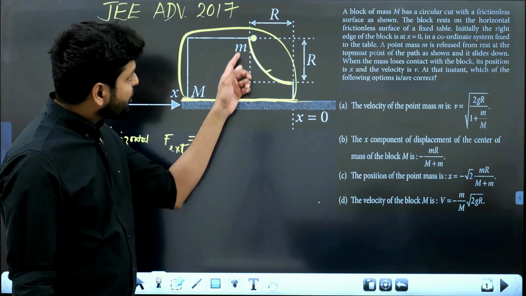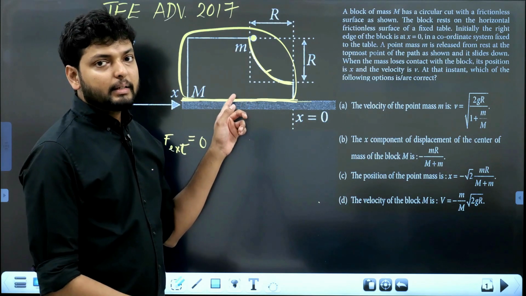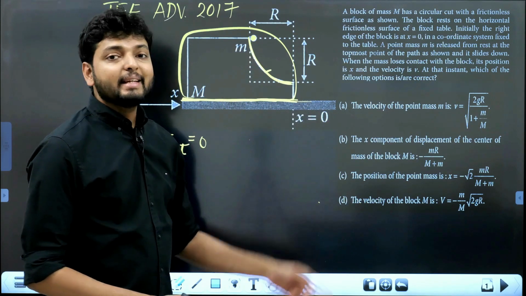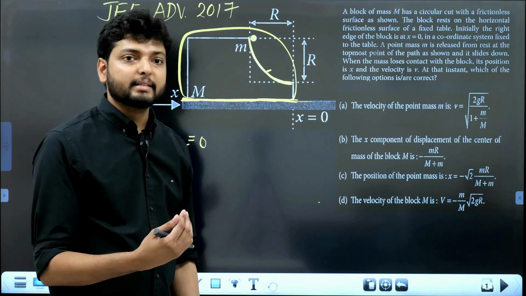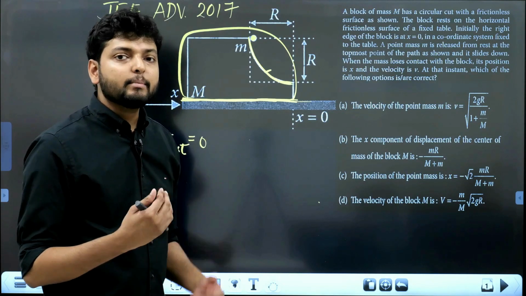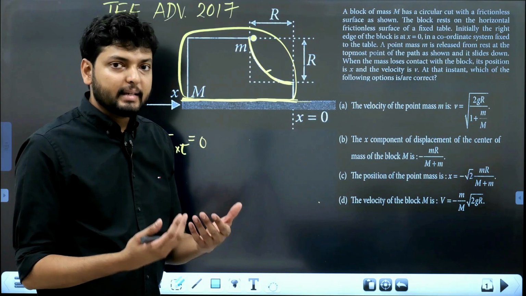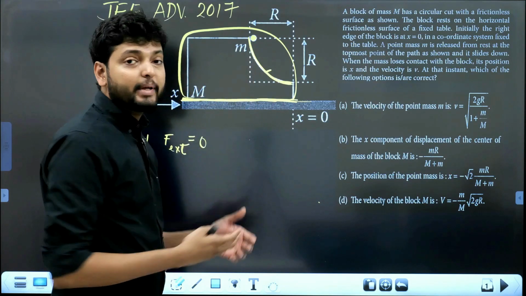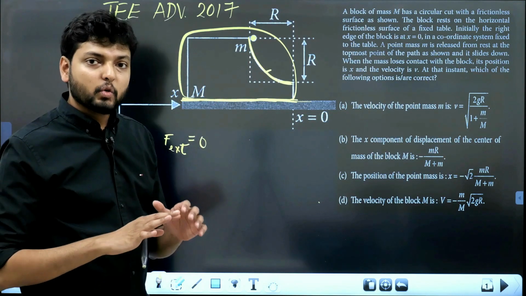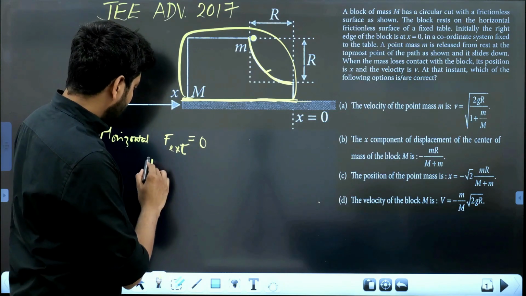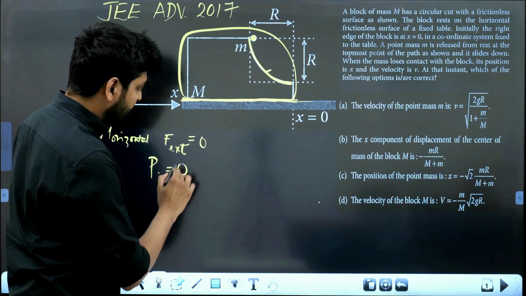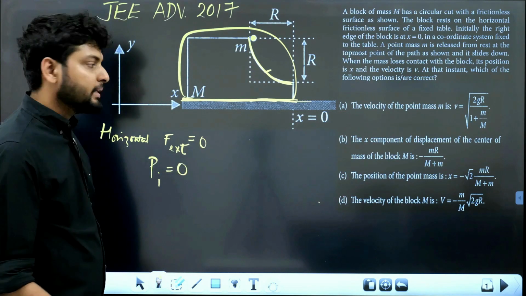Whatever momentum was there initially in the horizontal direction has to be conserved. What is the momentum in the horizontal direction? Initially, we have taken this entire system to be at rest. So there is no initial momentum in the horizontal direction, right?